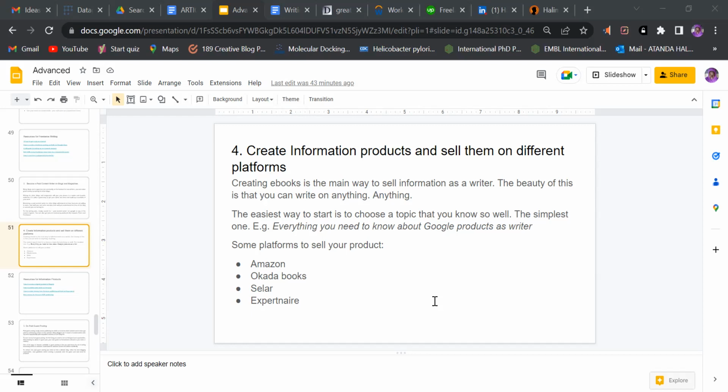Some of them will give you access to affiliates, Seller and Expertner do that. I don't know about Amazon. I don't think Amazon does the affiliate. But I'm very sure of Seller and Expertner. So you can get affiliates to help you market to get a percentage of the price, and then you get the rest of the percentage. And of course, the platform also gets a percentage. So it's completely up to you.